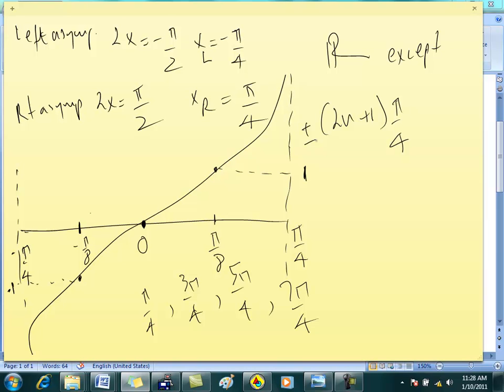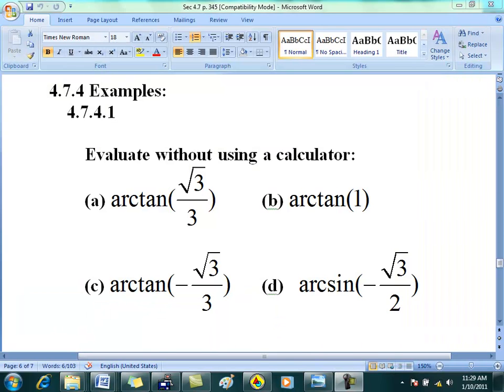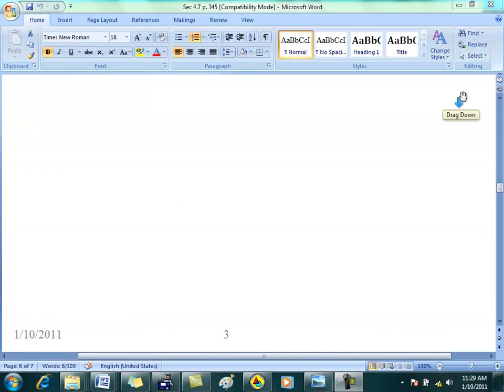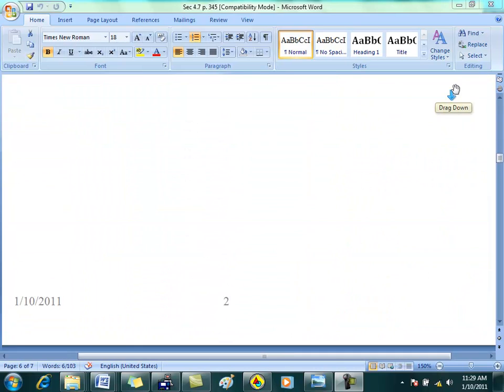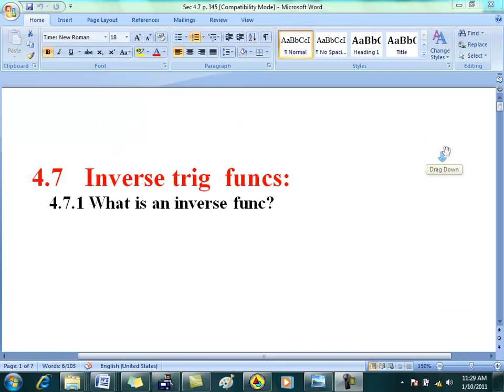All right, I want to move on to 4.7 now. So 4.7 is about inverse trig functions, okay? Before we do that, we need to know what an inverse is.